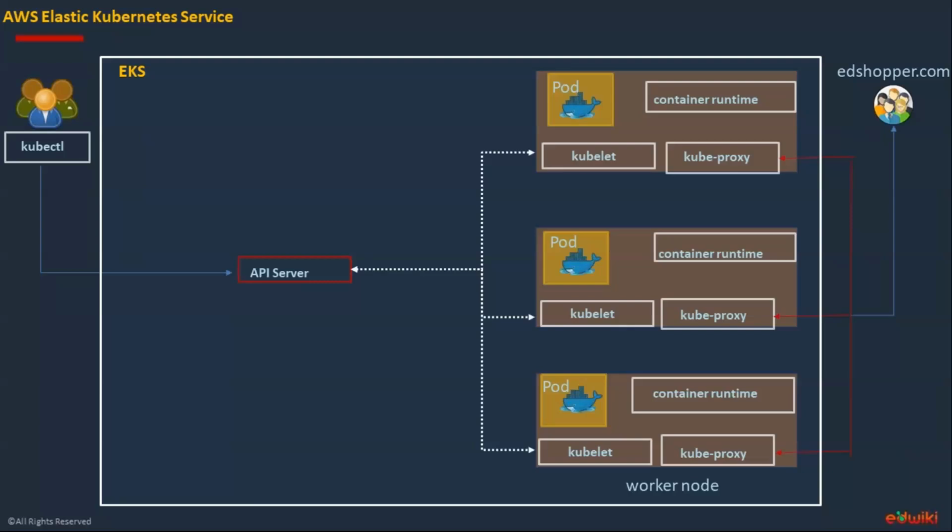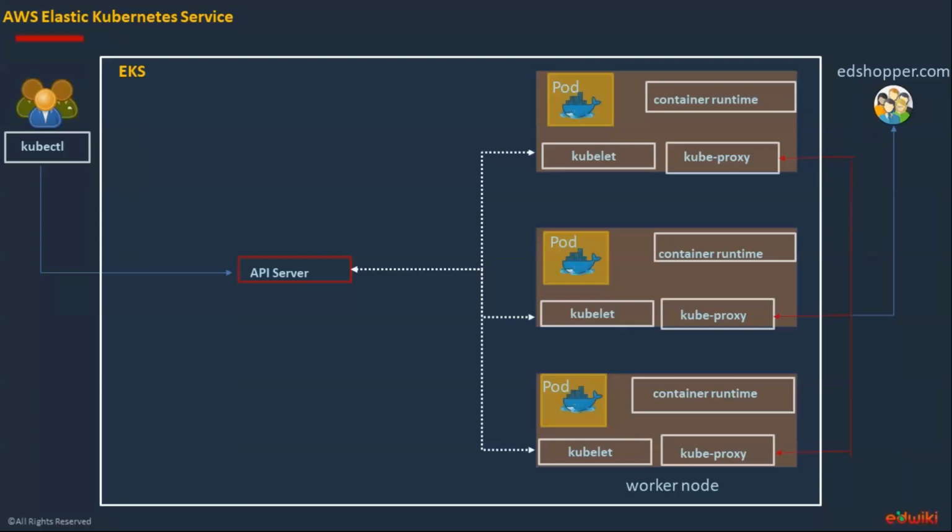So you just connect to the API server, give your instruction, and let it manage the whole deployment process. That is the reason why I'm not worrying about the high availability of the control plane node. I will only worry about the high availability of my worker nodes and how I can run my business application over there. You completely forget about the API server and how it is running there if you are using EKS.